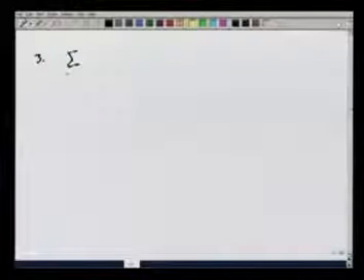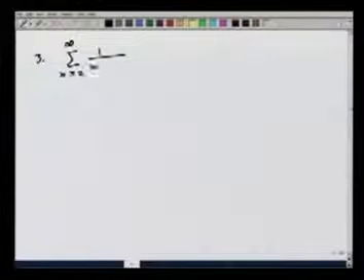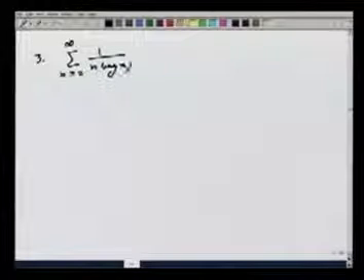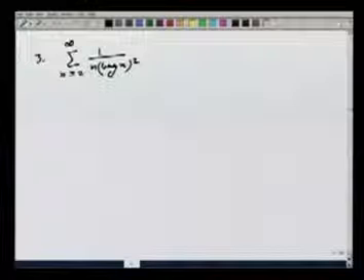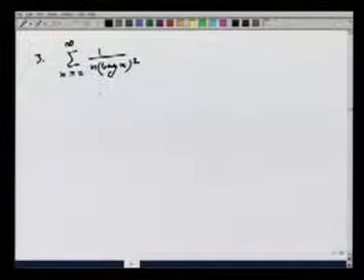Summation n from 2 to infinity 1 by (n log n) whole square. Okay. Here also I can try to use Cauchy's condensation test, and then let us see what happens.